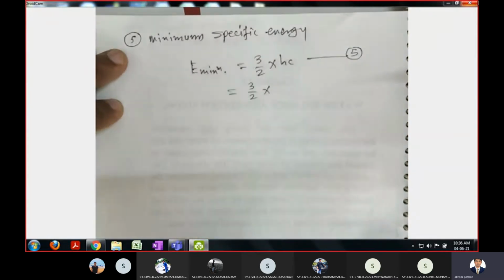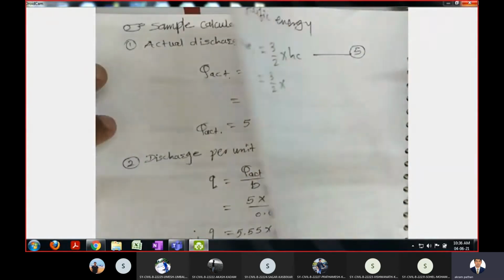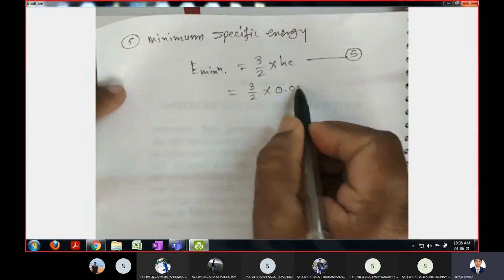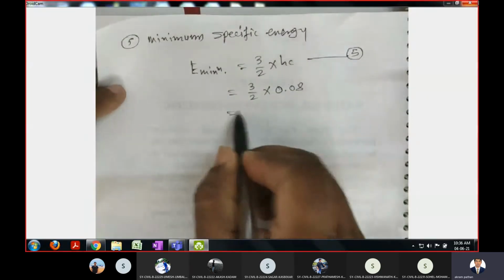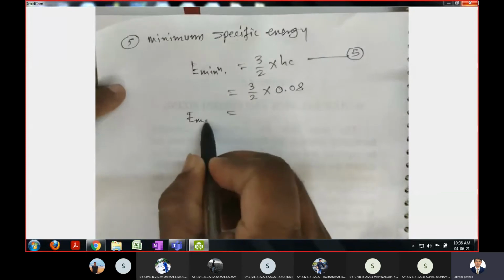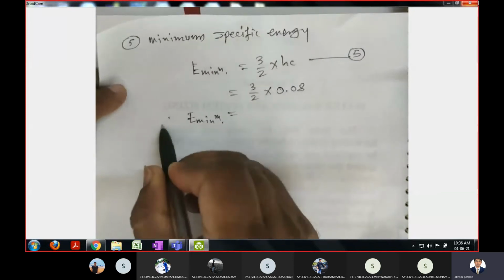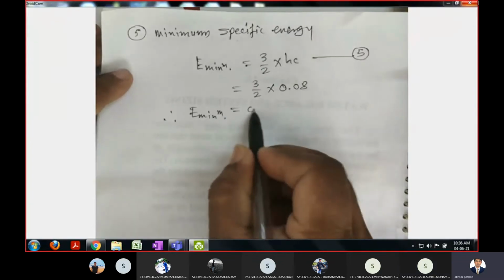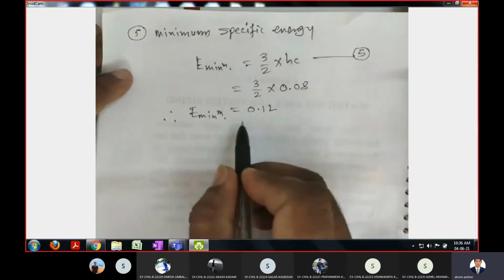So 3 by 2 of HC, we have calculated HC as 0.08 meter. So E minimum will be 0.12.